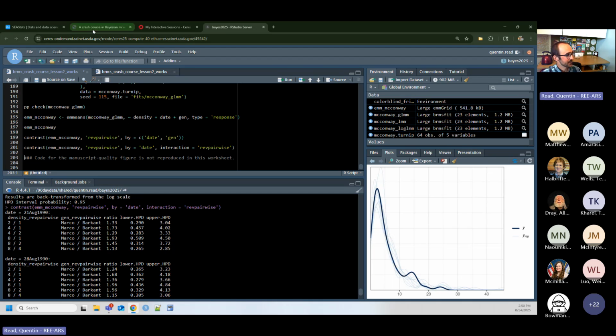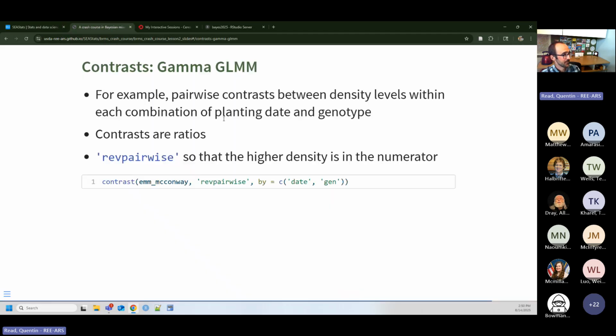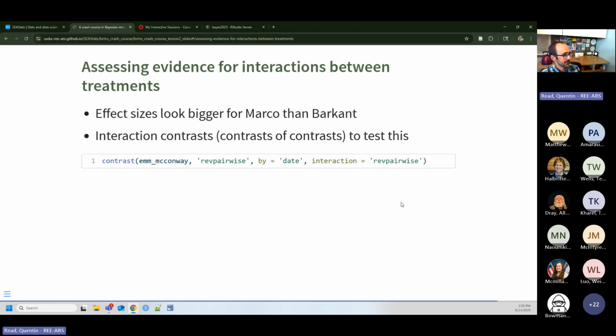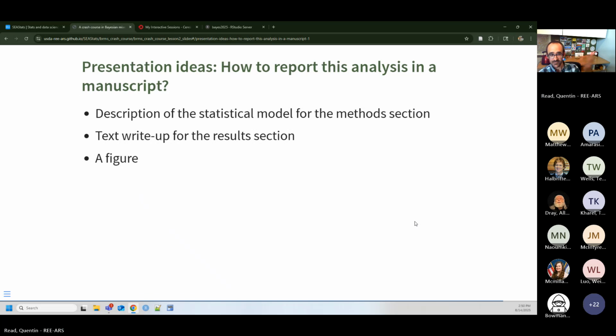And the last thing I'd like to show before we wrap this up and take a break is, I've included in the lesson materials for you to peruse a text description of how you would write this model up in a paper, like the methods, what you'd put in the results, and a figure as well.